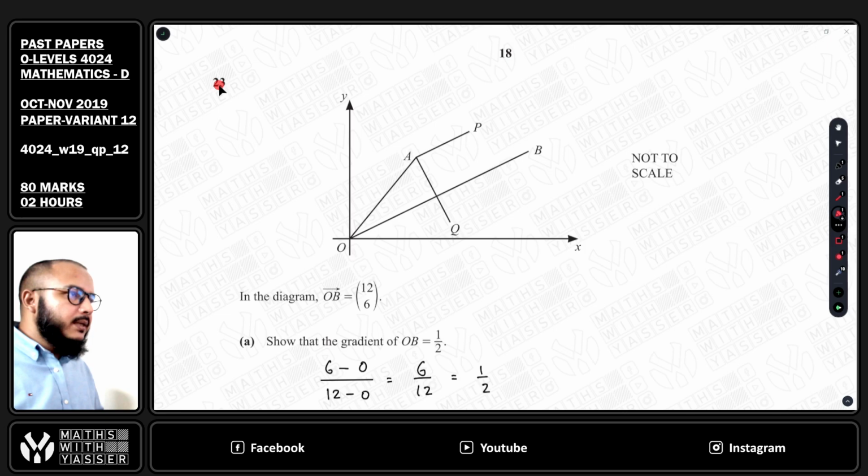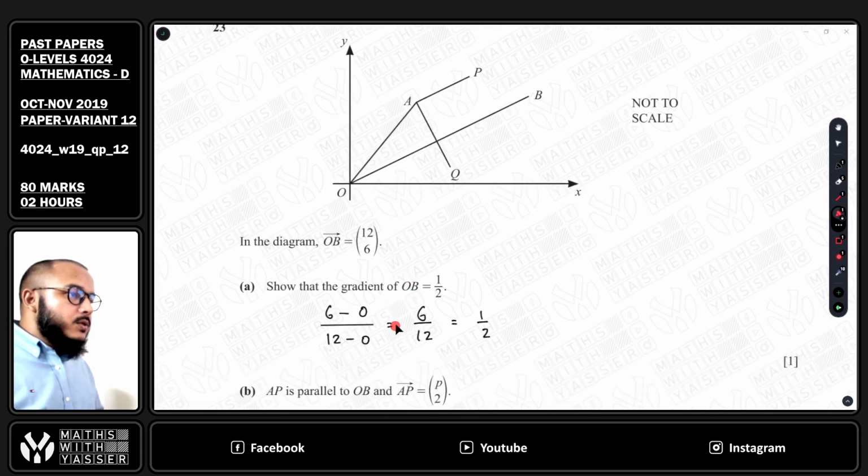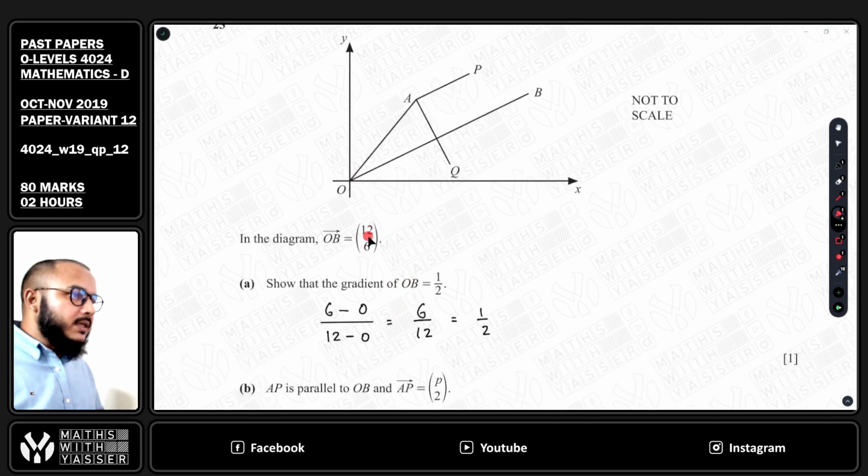Question number 23. In the diagram, OB is (12, 6). It's written in the column vector format. Show that the gradient of OB is 1 over 2. In column vector, this value is represented for x and this is the value for y. So the gradient is y2 minus y1 over x2 minus x1.